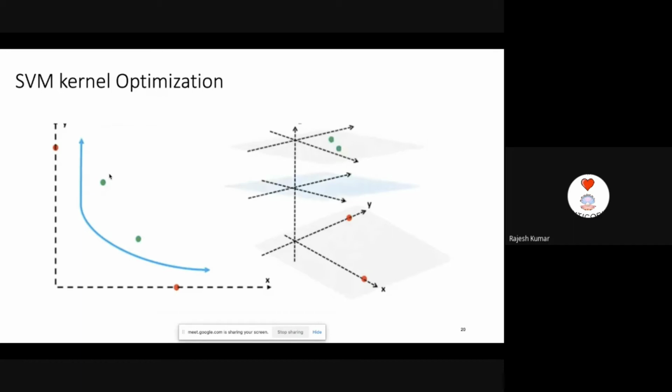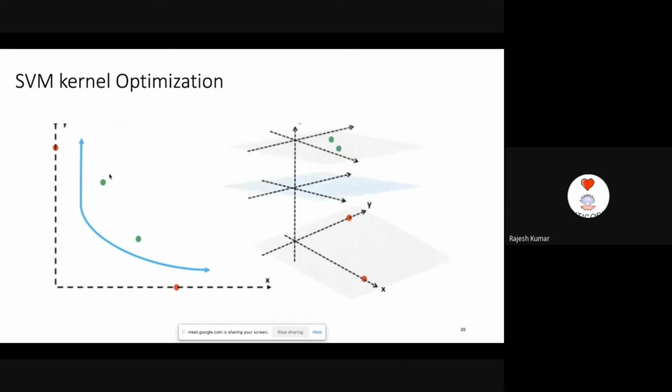Something like that. So how it does this is it visualizes the data in a higher dimension. Now it is in two dimensions, X and Y. What the SVM will do is visualize that in a higher dimension. So now you see X, Y, and Z, and clearly we can have a separate division between green and red. Is that clear?